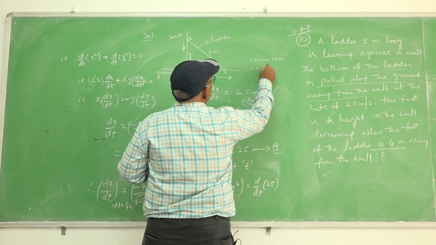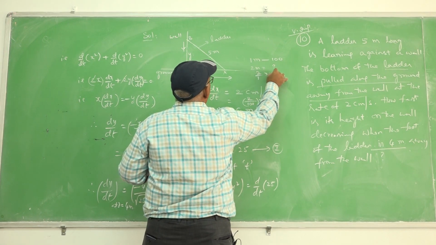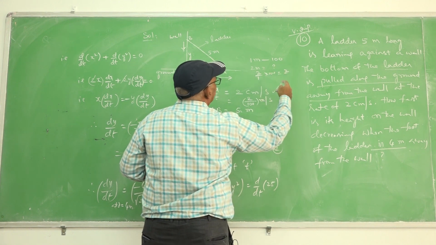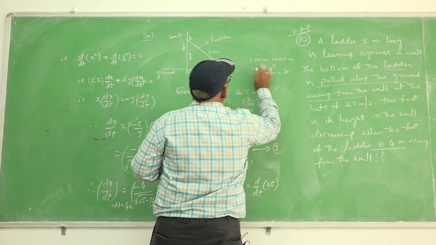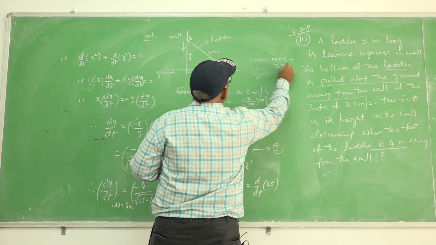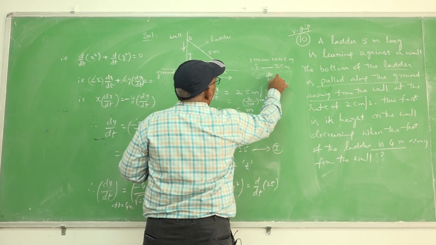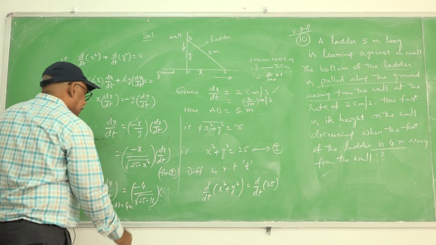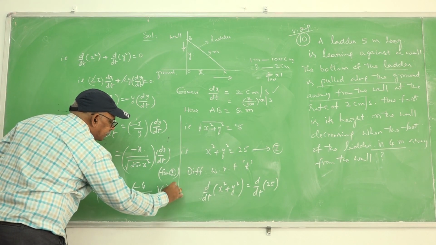For 1 meter there are 100 centimeters, so 2 centimeters is how many meters? 2 by 100 into 1, that is 2 by 100 meters per second. Hence, take this one in terms of meters.